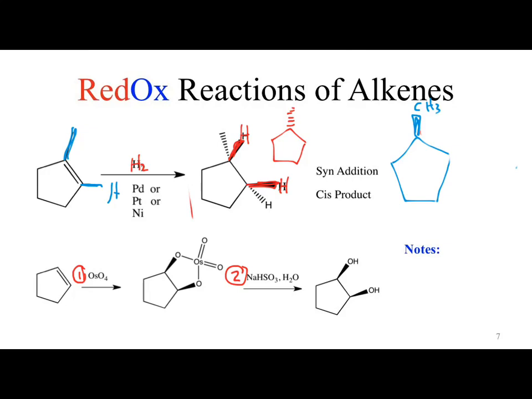I convert the alkene into a diol. What does diol mean? What does ol mean? Alcohol. What does di mean? 2 alcohols. What do I have here? 2 alcohols.